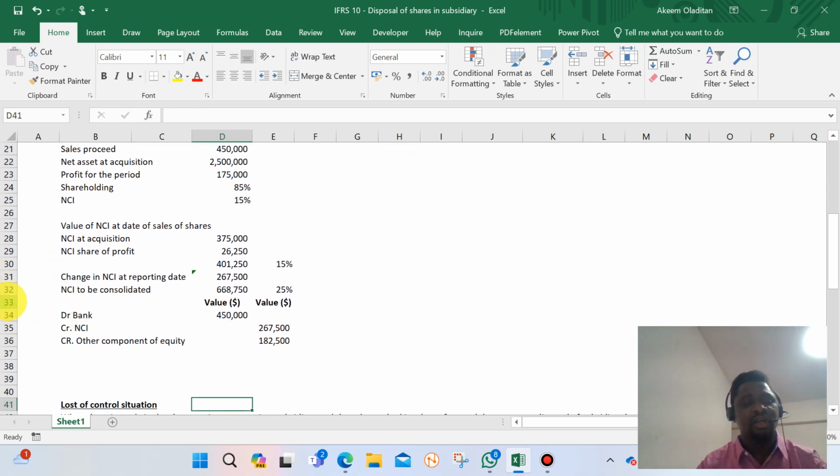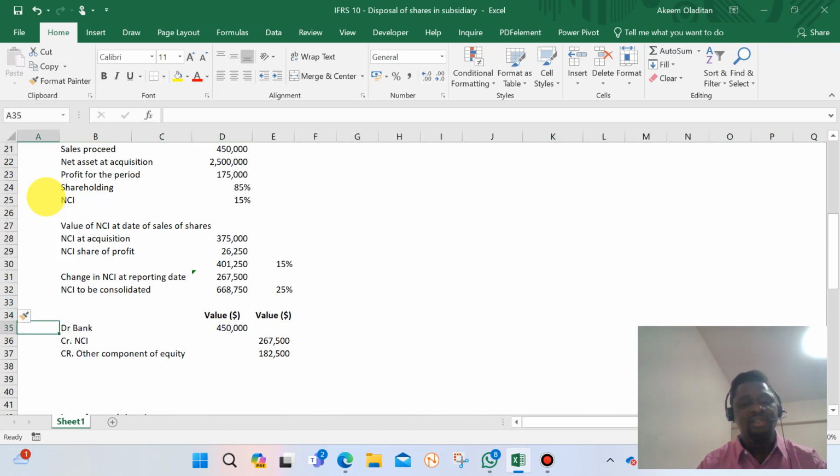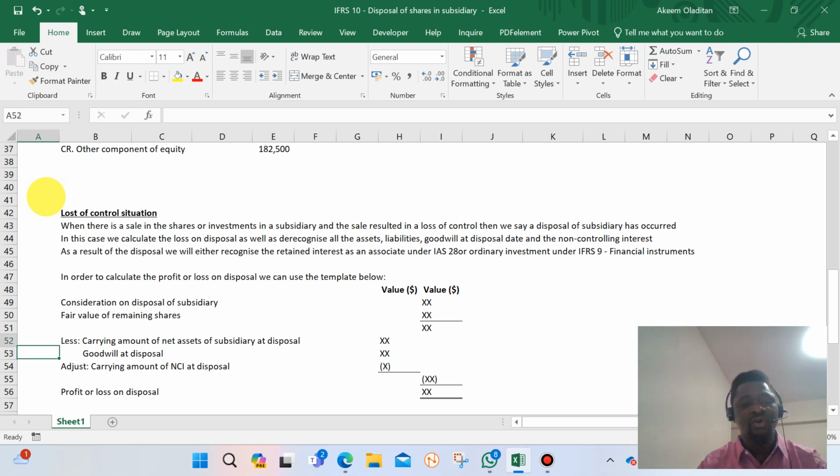So let me now go to the second scenario. The second scenario occurs when there's a sale in the shares of or investment in a subsidiary, and the sale results in a loss of control.